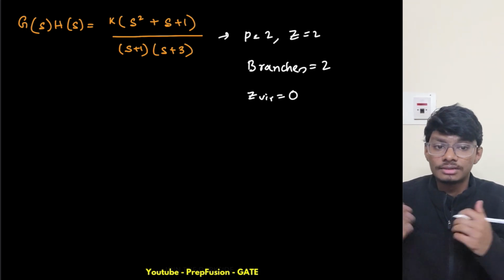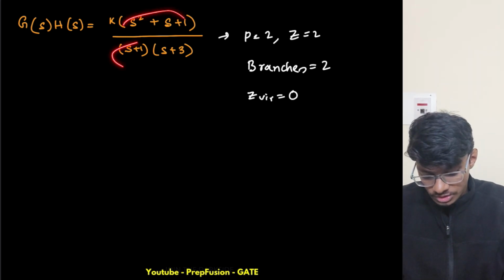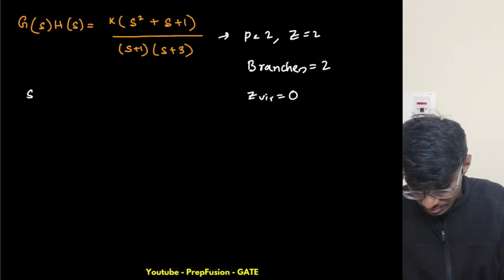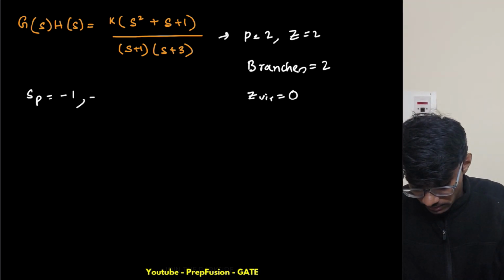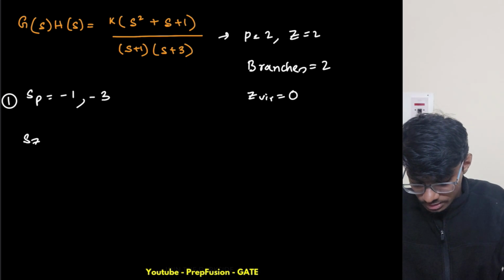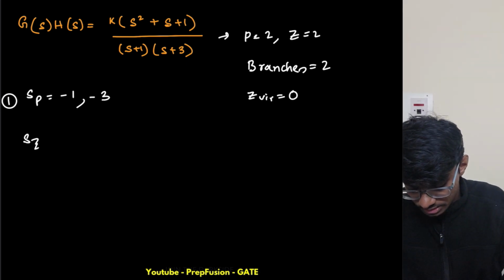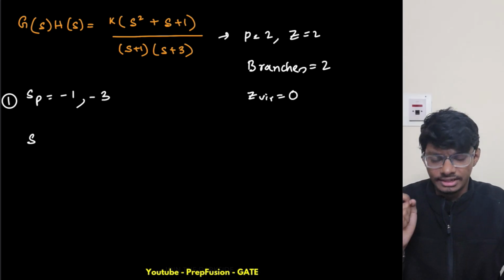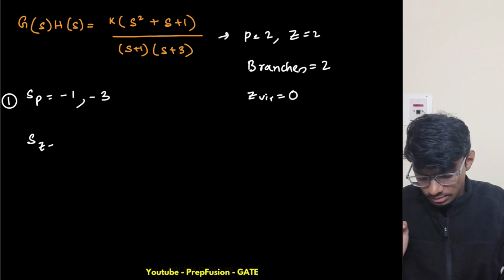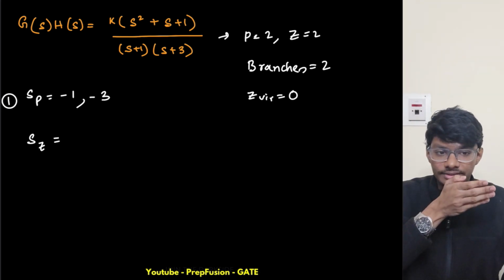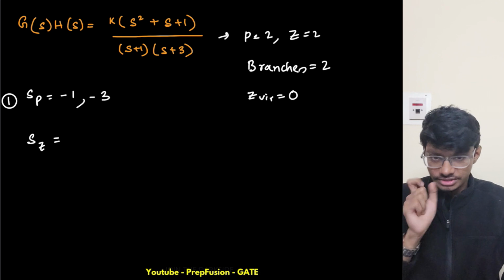Can I find the poles and zeros? The poles are easy to find. They are at -1 and -3. This is step 1 of what I am doing. Now what are the zeros? This is a very famous equation, s squared plus s plus 1, whose roots are -1/2 plus minus j√3/2.